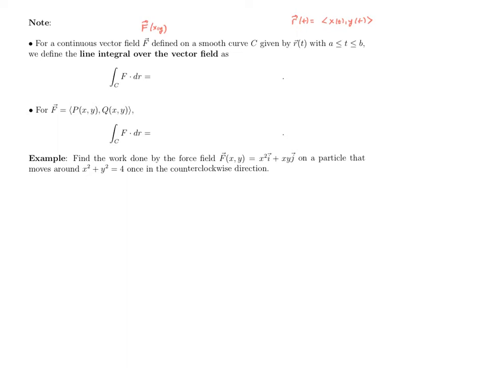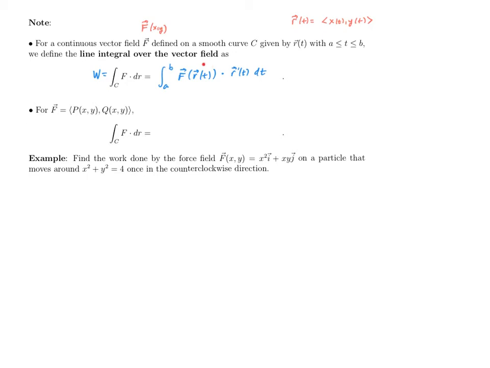And recall that this is calculating work, how much work is done by the vector field as a particle moves along this curve from the starting point at r of A to the finish point at r of B. And the formula we came up with is that we evaluate the definite integral from A to B of f evaluated at r of t, dotted with r prime of t dt, since dr is telling us r prime of t dt. So we once again substitute in the appropriate quantity for that differential.